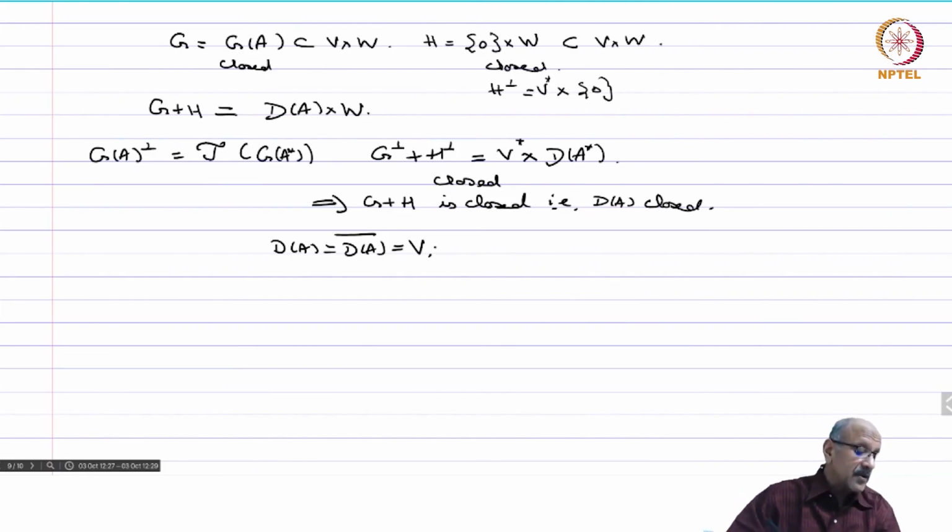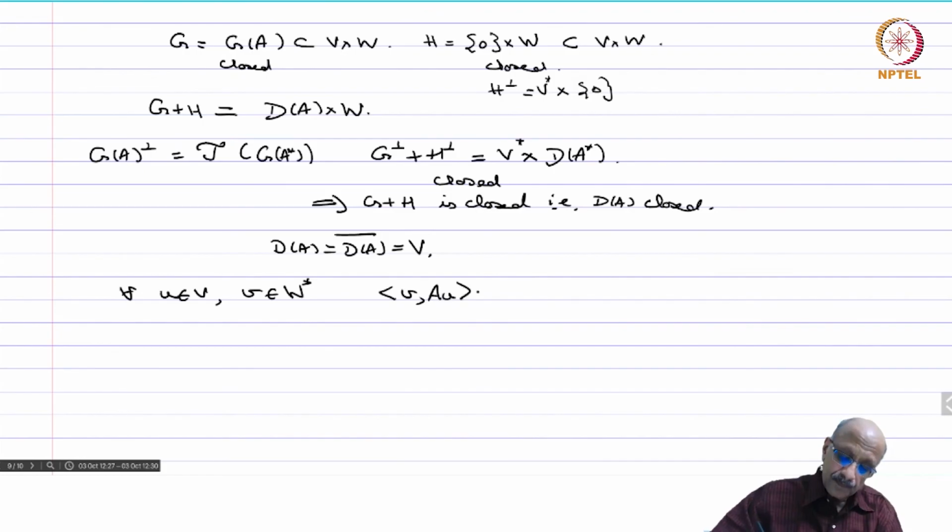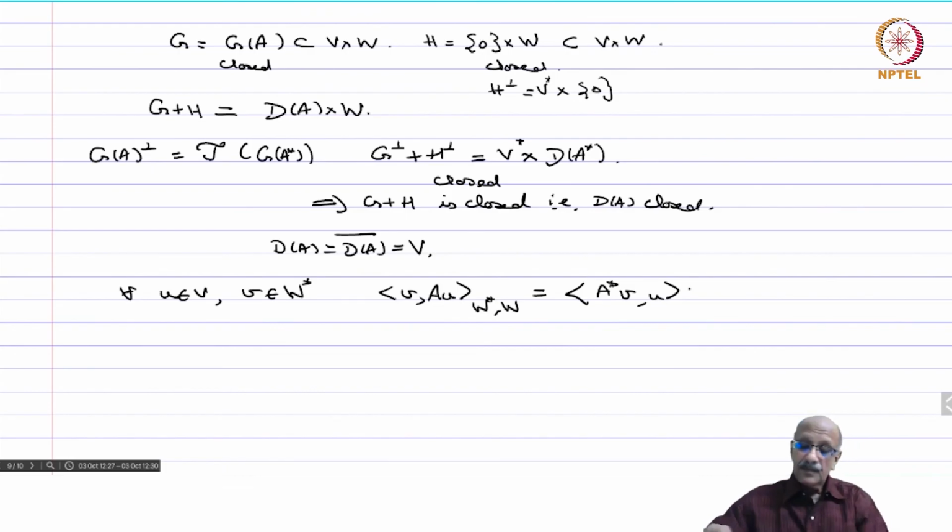So now, for all U in V and V in W star, you have V(AU), this is the W star W pairing, equals (A star V)(U), this is V star.